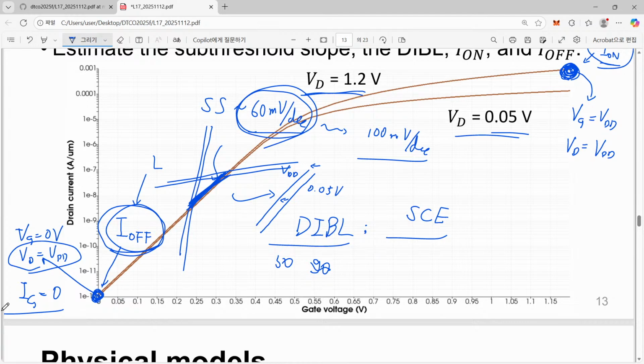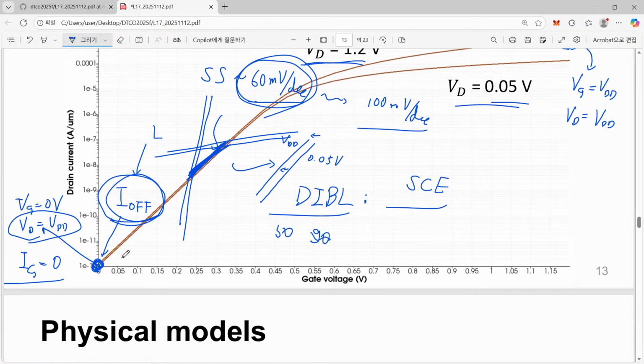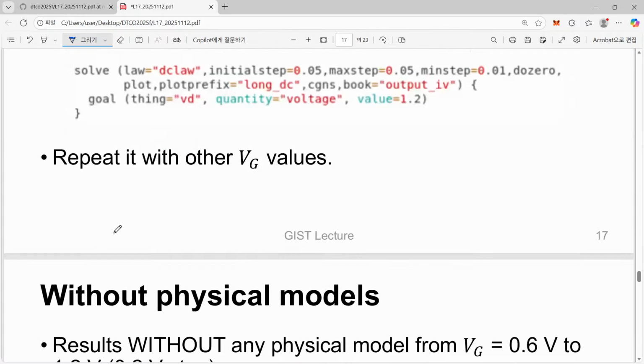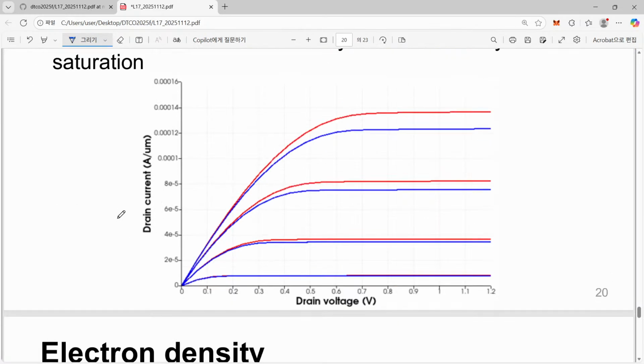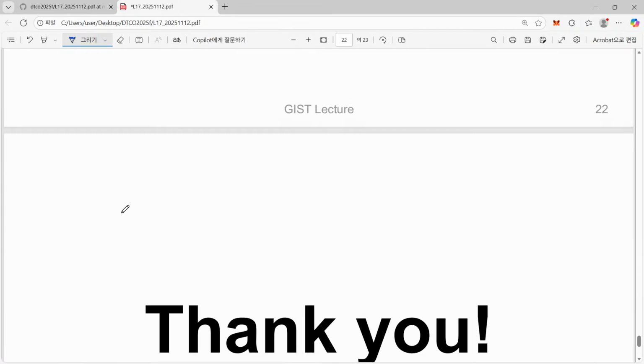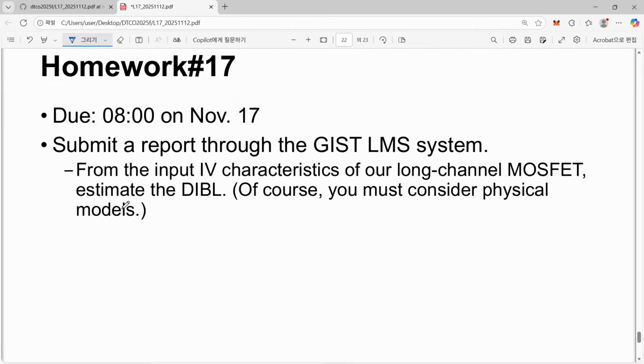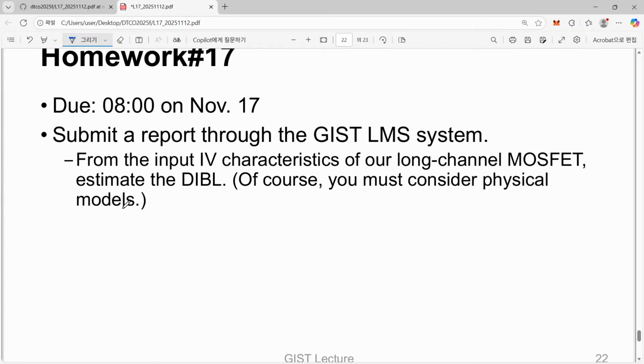My suggestion is that you don't have official homework today. However, when you get to the end of our lecture material, we have to draw many things using this one. So instead of just wasting your time, just start homework 18. Homework 18 will be just a continuation of this one.